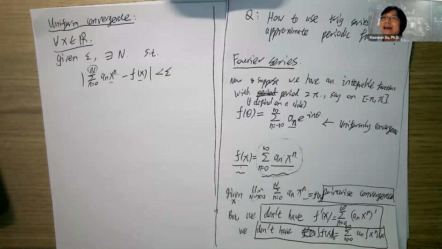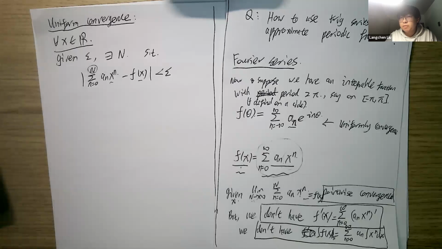You may have to digest it because you may have forgotten all this epsilon delta language. Unfortunately, this epsilon delta language is very important in this course. I think the uniform and pointwise convergence we have learned in Math 205. Oh, really? That's pretty good. But why did nobody raise your hand and say you have learned that? I remember in Math 205 we have learned the radius of convergence.